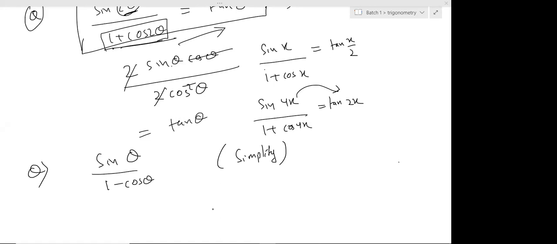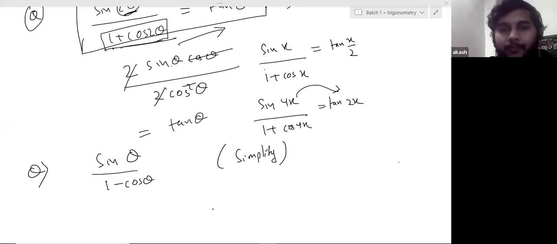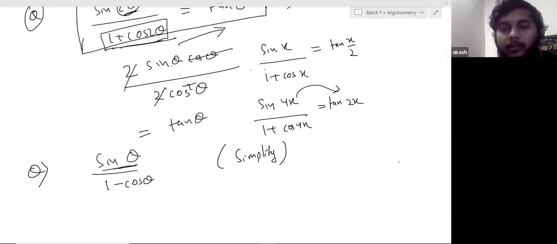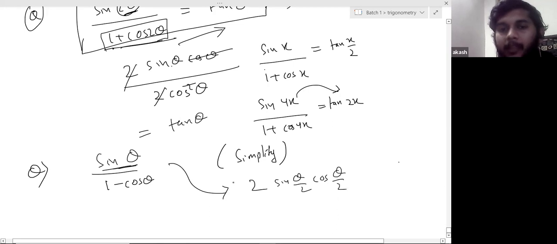Gautam, have you solved this? Abdul, Arsalan, any answers? See, we can use the half angle formula here also. Just divide the angle by 2, right? If you had sine 2 theta, you would have written 2 sine theta by 2 cos theta by 2, just half the angle. And in here, Gautam, what can you write?